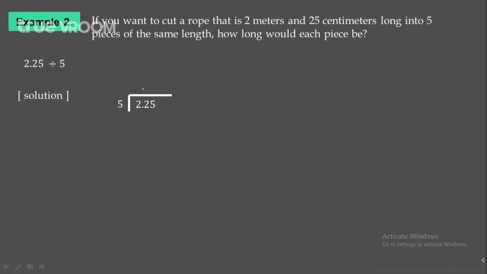Now you are going to divide the numbers. Start with the first number, the whole number 2. Can we divide 2 by 5? How many 5 are there in 2? 2 is smaller than 5.